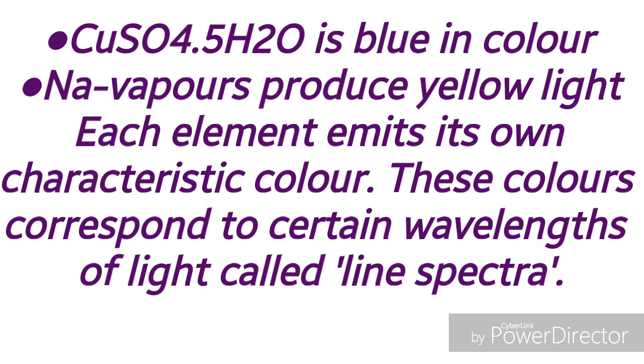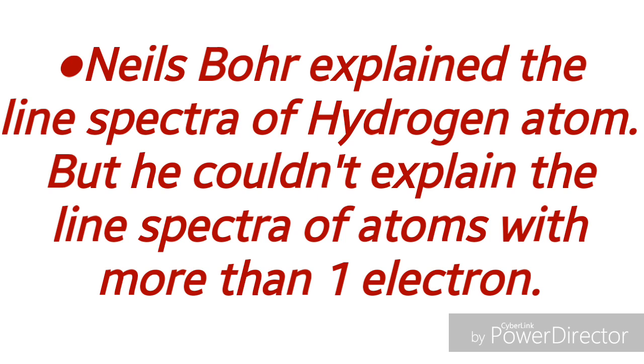Niels Bohr explained the line spectra of hydrogen atom, but he couldn't explain the line spectra of atoms with more than one electron. Hydrogen has one electron, but the atoms of different elements have more than one electron. Those line spectra he couldn't explain.